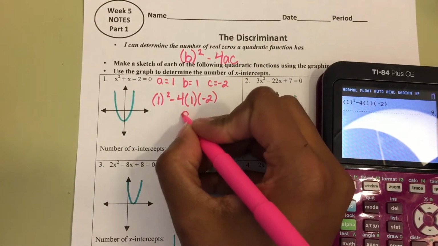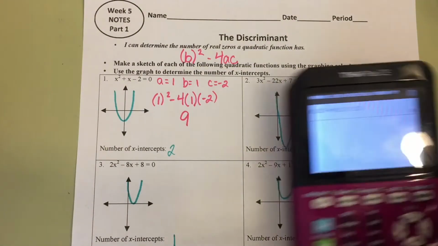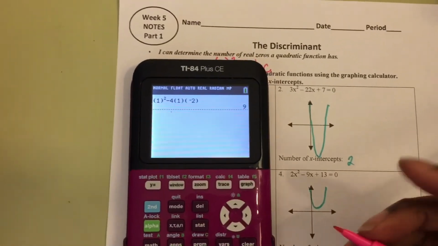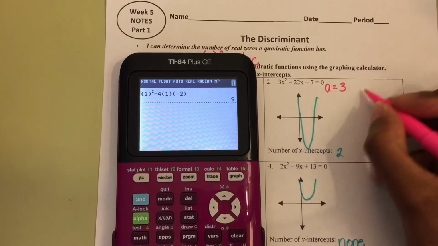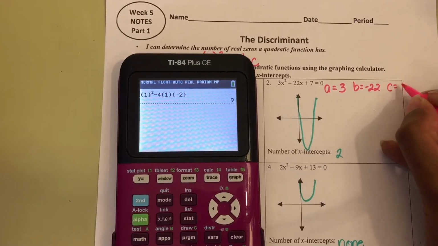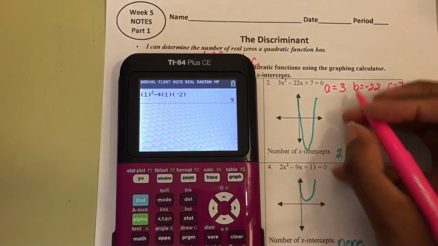So again, that's what we're finding: your b squared minus 4ac. We're just going to leave that alone for right now. That's what I'm looking for, and we're going to do it on all the problems. I'll show you one more with the calculator, and then for the rest of them, we'll just keep going. So A is 3, B is negative 22, and C is 7. Then we just fill in.